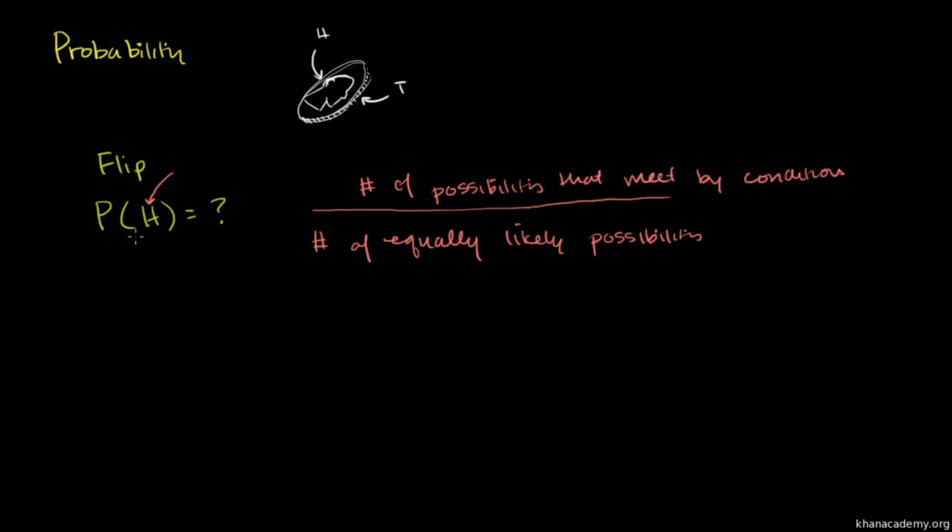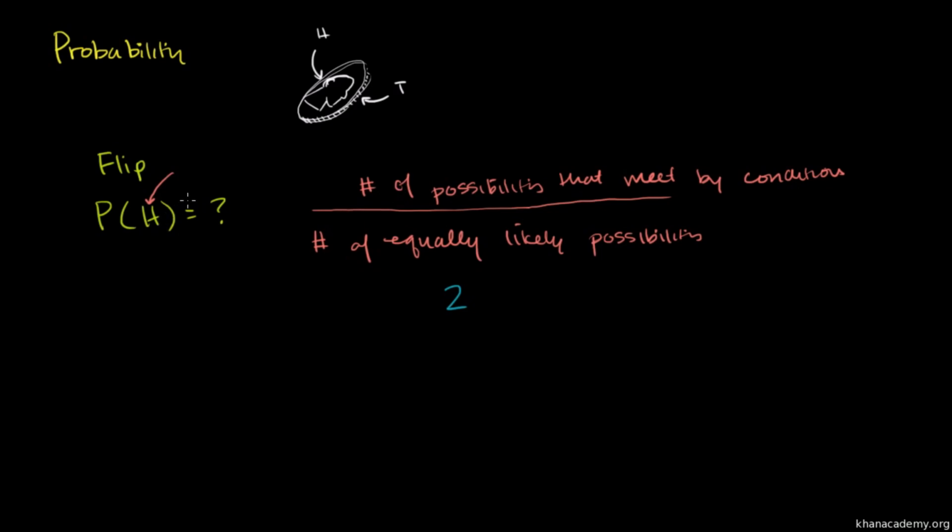So, in the case of figuring out the probability of heads, what is the number of equally likely possibilities? Well, there's only two possibilities. We are assuming that the coin can't land on its corner and just stand straight up. We are assuming that it lands flat. So there's two equally likely possibilities here. You could either get heads or you could get tails. And what's the number of possibilities that meet my conditions?